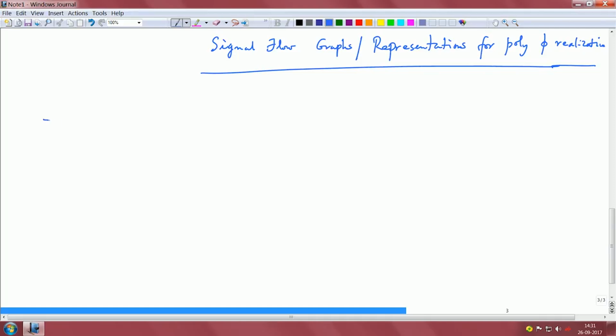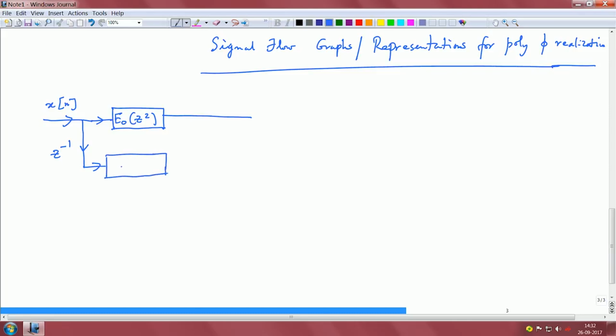So, we will start with analysis bank. So, we have x of n, this goes through the filter E naught of z square. Then I have a delay element, this is filtered through the filter E1 of z square.